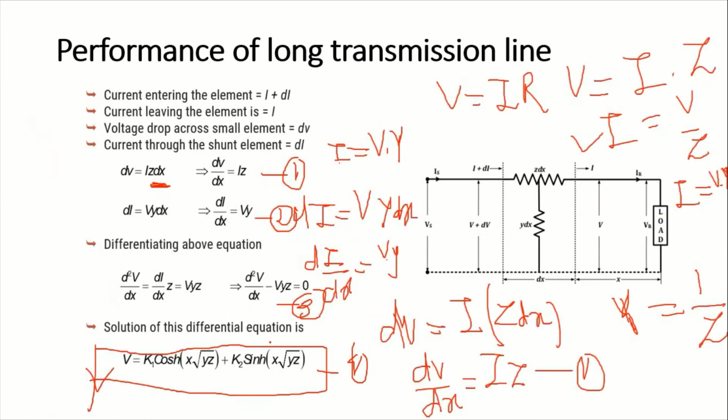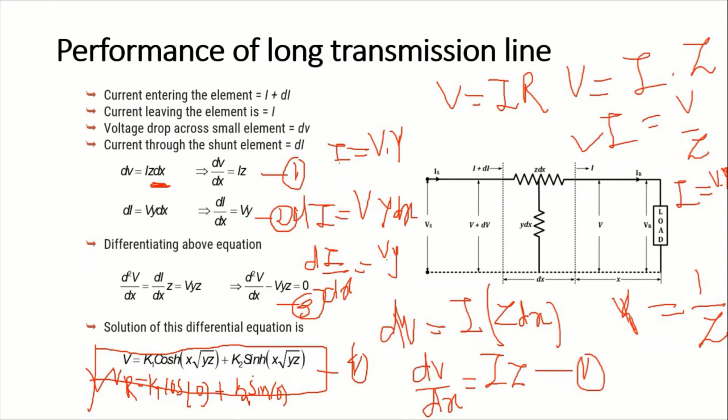So if we put in this equation V = VR, and x is 0, the term with k1 cos x stays and the term k2 sin 0 becomes 0.